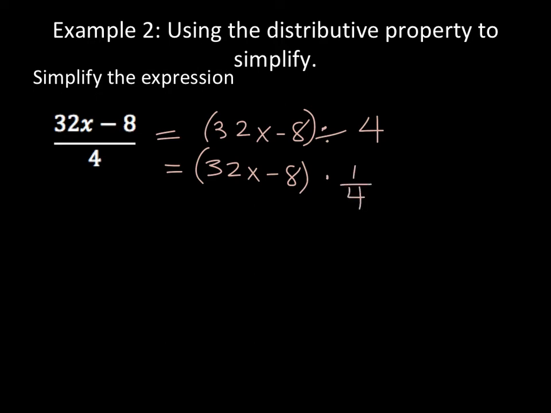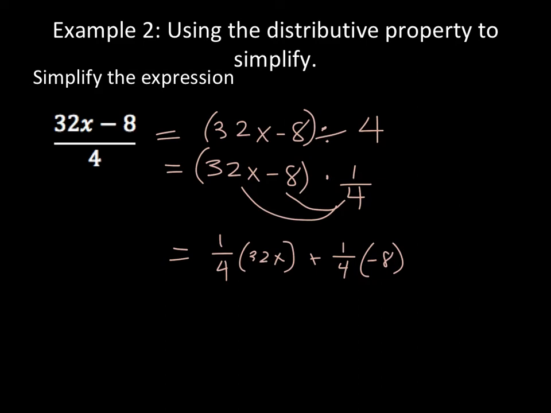From there, I could distribute to each of these on the inside, right? I have one number on the outside, I have 2 terms on the inside. Distributing to each of these, I'll have 1 over 4 times 32x plus 1 over 4 times negative 8.